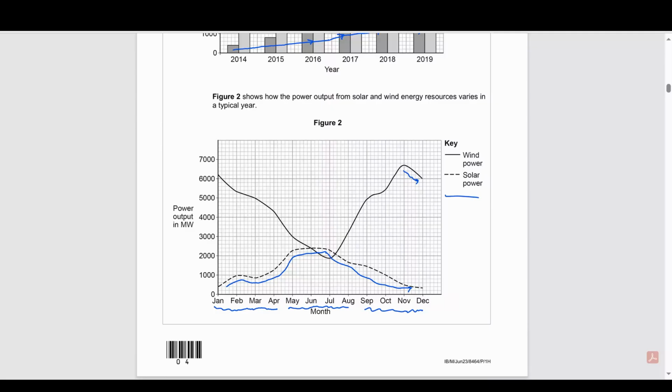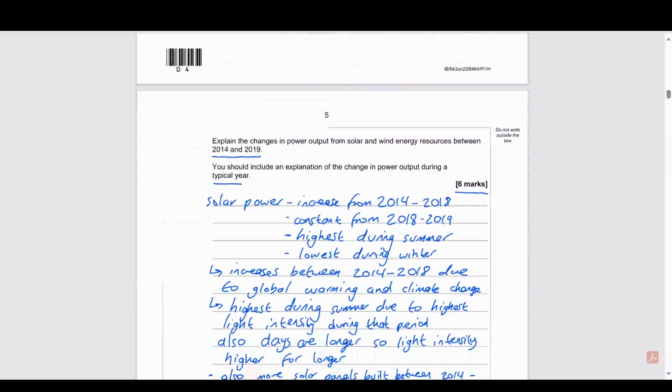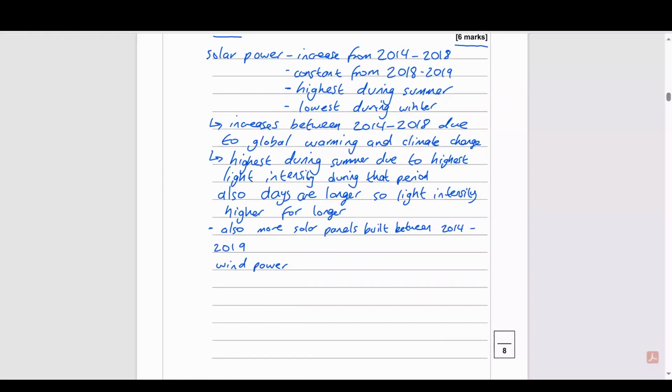It's at its lowest power output in July, and then it increases to December. So let's just state that. Consider there's an overall increase, because it starts off low and then is higher at the end. Now, why might there be a fluctuation between 2014 and 2016?